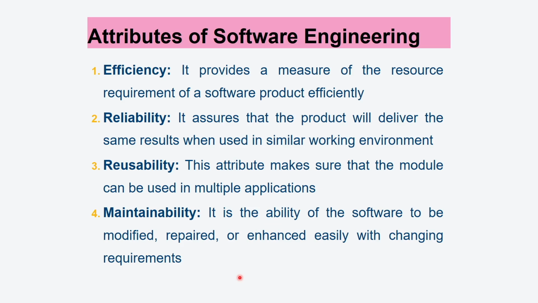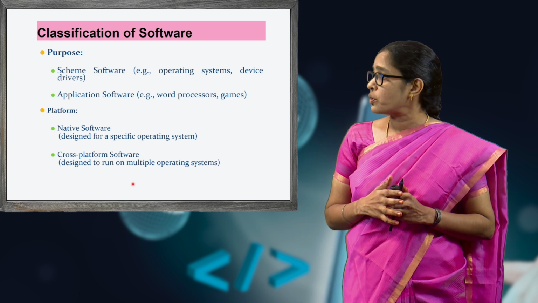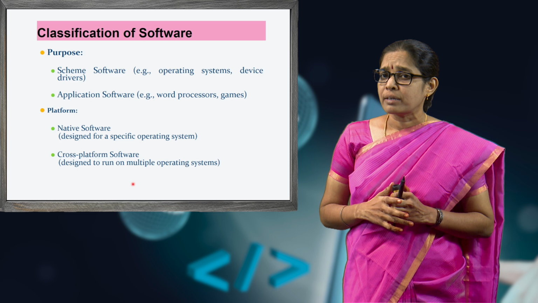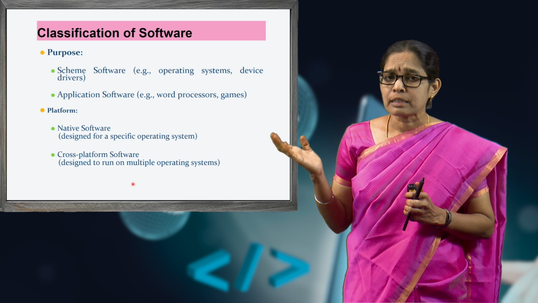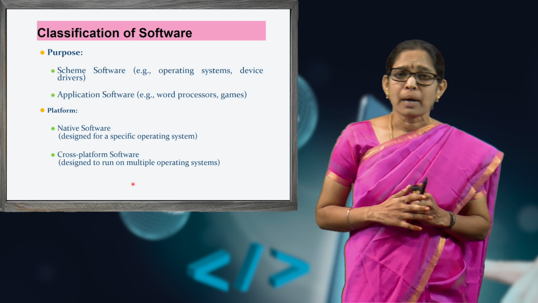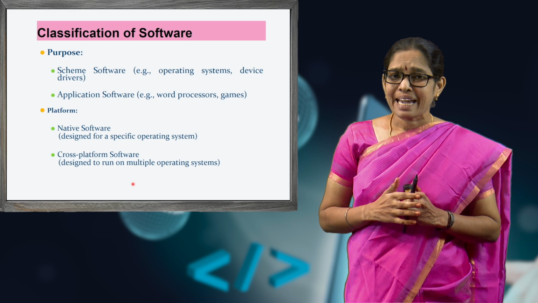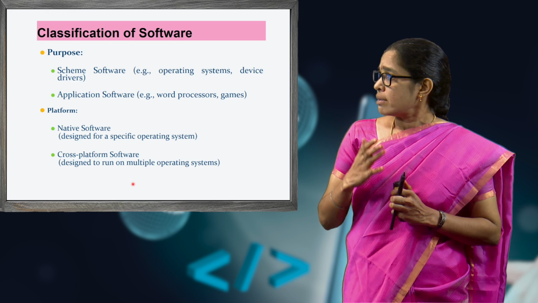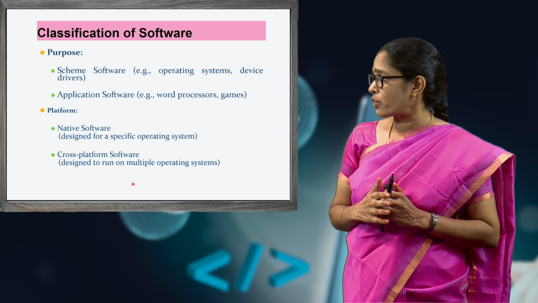The next topic, classification of software. Software can be classified based on different terminologies. The first terminology is purpose. The purpose can be measured by using these 2 things: system software and application software.